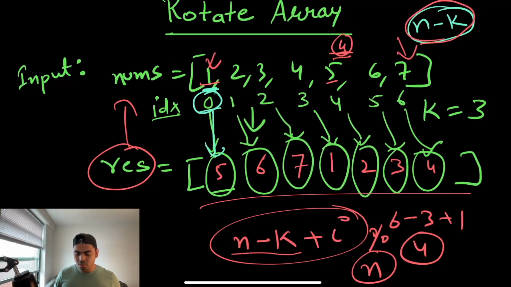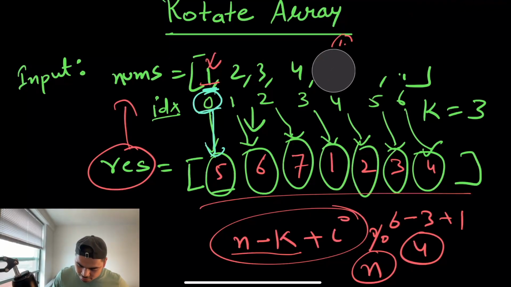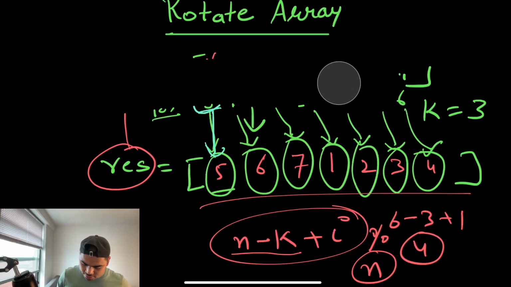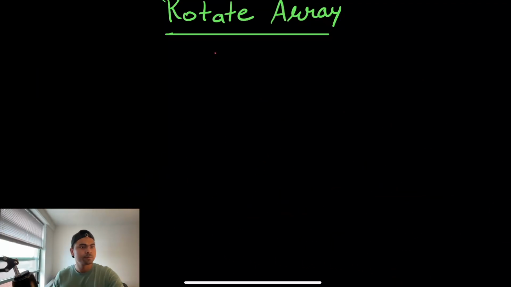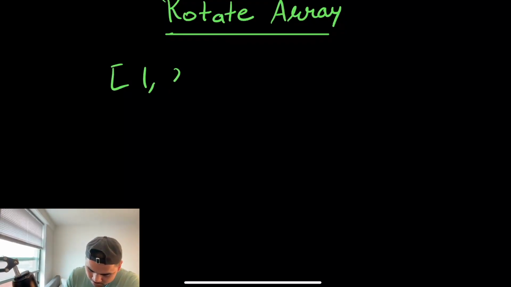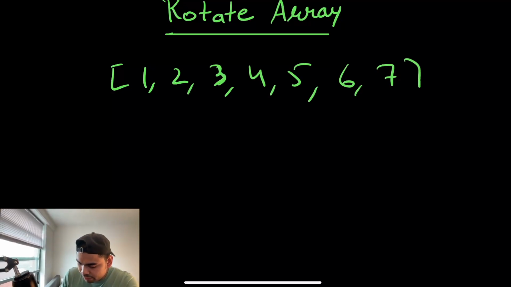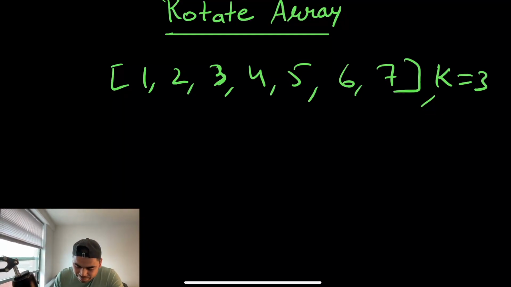So let's do it in place now. I'll have to get rid of this and write the values again. So let's write 1, 2, 3, 4, 5, 6, and 7, and k is 3.